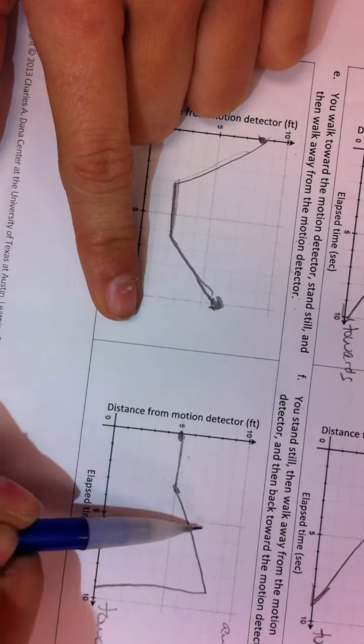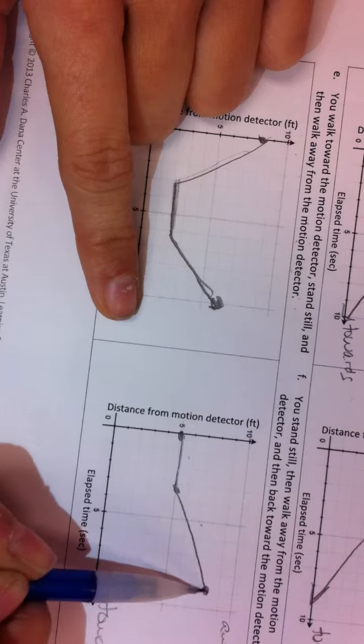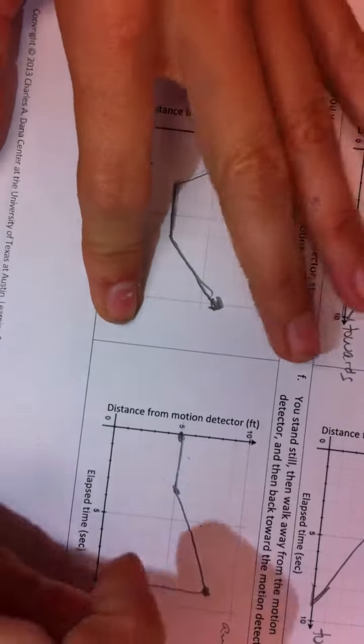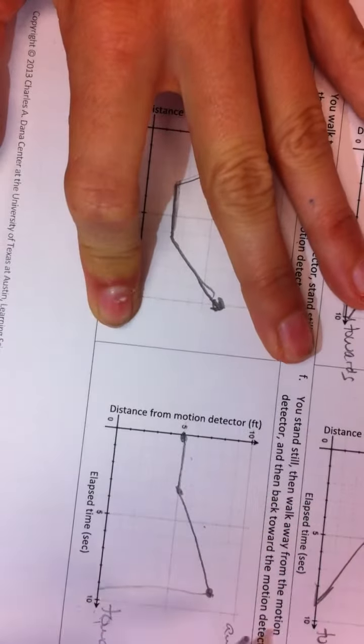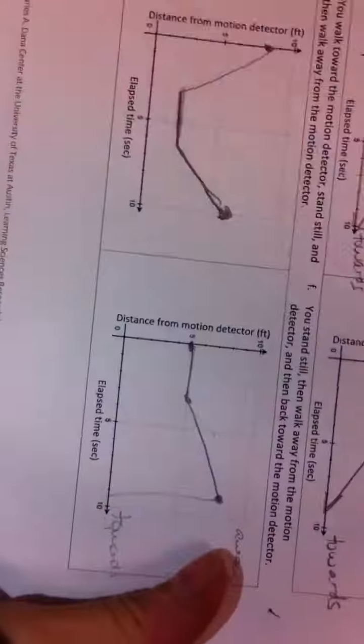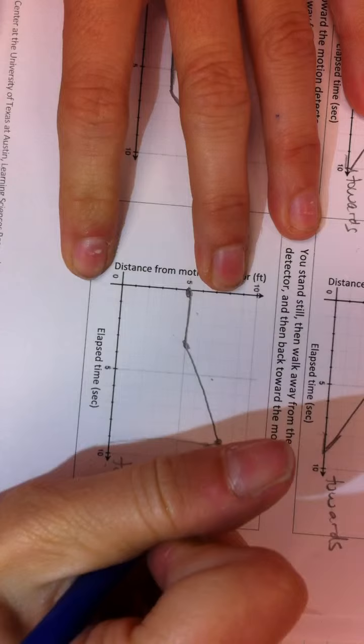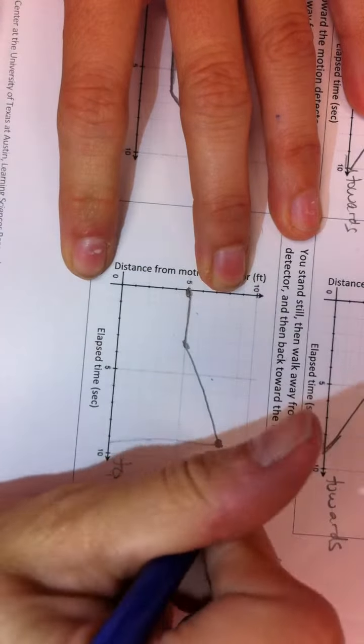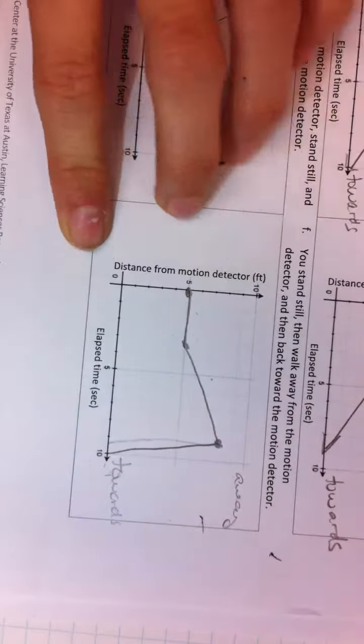So you're standing still, you're walking away, you turn around right here and walk back pretty quickly. I didn't make that full 10 seconds, so I'm going to erase that and make sure I have the full 10 seconds taken up.